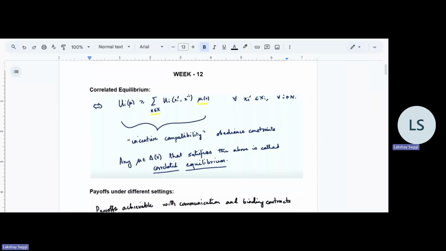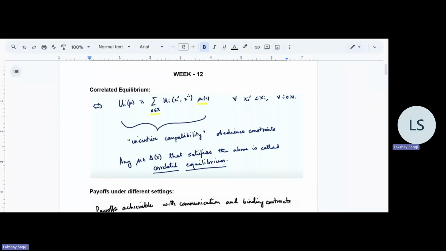But now you can have correlated random variables between the two players, and this is where the correlation term comes into the picture. Both players can have the same random seed for their actions. Whereas if you do not introduce any communication, then there is no random variable common between the players, their random variables are independent, and there is no correlation between their random choices or random seeds.